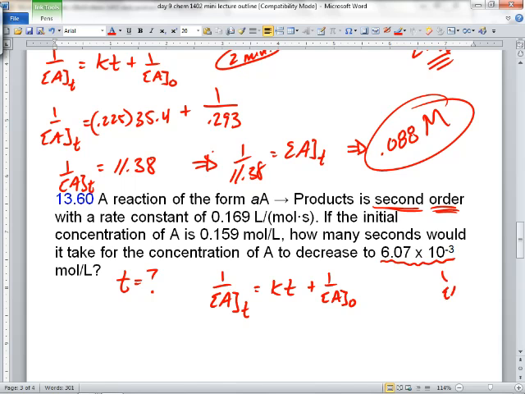A t. Good. There's our k, and there's our initial concentration. Okay, should work out.